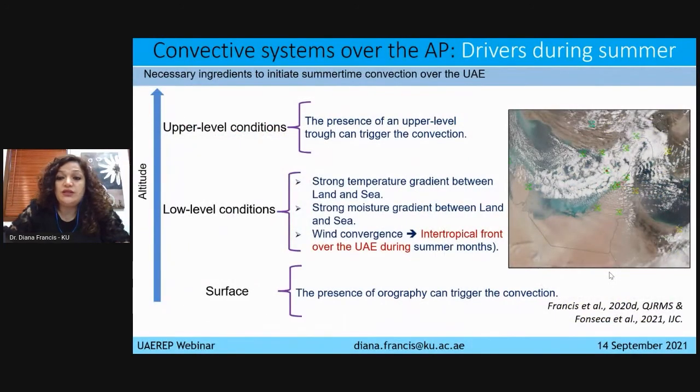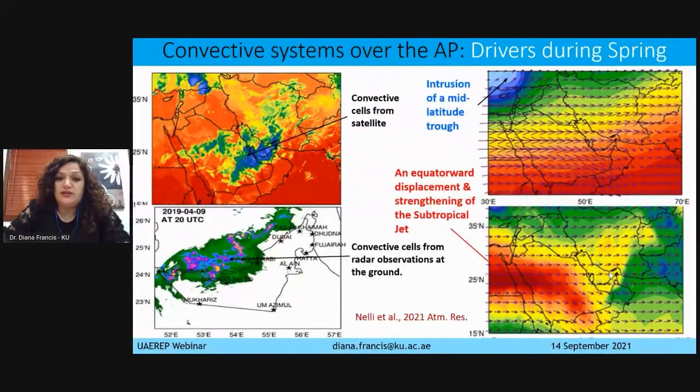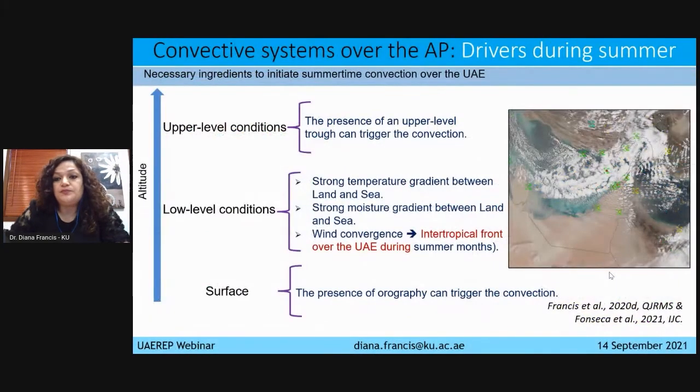Now, this was during spring. As I said, different mechanisms play a role in the development of spring convection and summer convection. How about summer? During summer, we have to account for different conditions at different altitudes. So this is the altitude, above the surface and up. At the surface, normally if we have orography, we can trigger convection during summer.